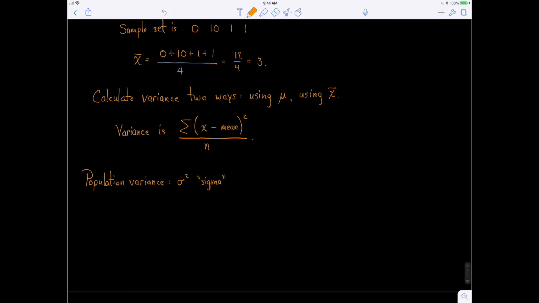And sigma squared equals, specifically, the sum of the data minus mu squared divided by n. And then we're going to find what's called the uncorrected, we'll see why, uncorrected sample variance.